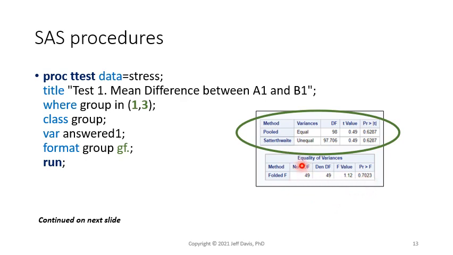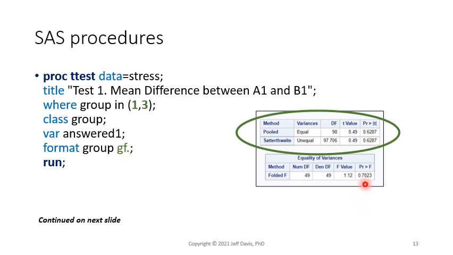So if we look down here at the equality of variances table, and if Pr > F is 0.05 or less, then we have to use the variances unequal row.